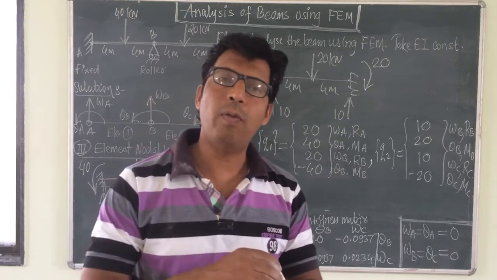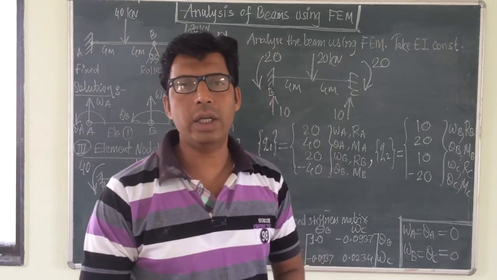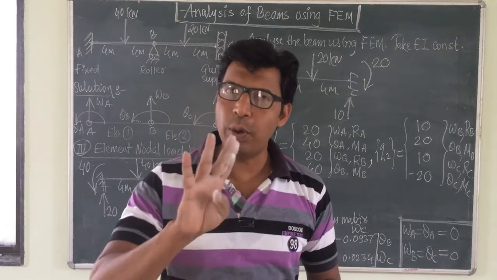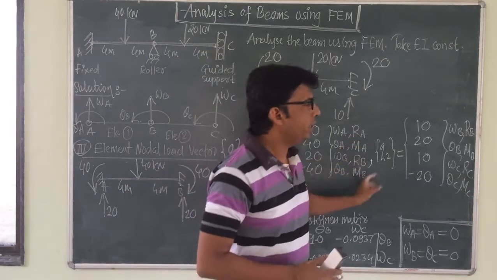Now we have to find the final element nodal load vector Q, which corresponds to the unknown displacements only. We know that 4 displacements are 0 out of these 6.